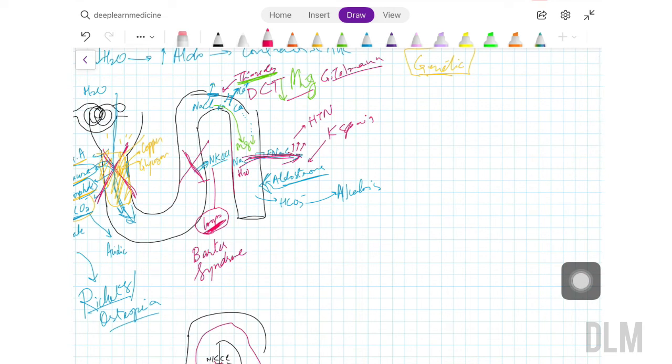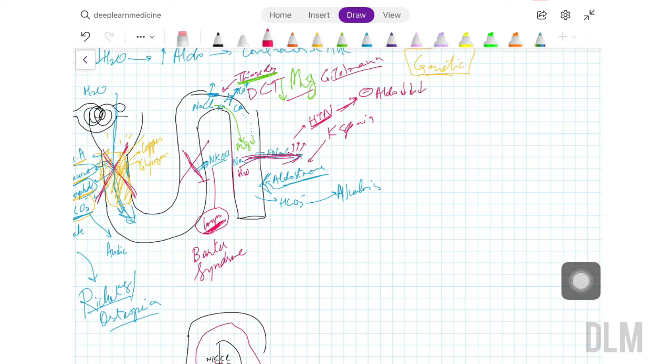How I like to think about it is that whenever there's a volume overloaded state, the aldosterone is negatively affected. The body is basically telling aldosterone to stop working because the body already has a lot of volume in it, so there is no need for aldosterone to work. So the aldosterone levels in this disorder will basically be undetectable, right?